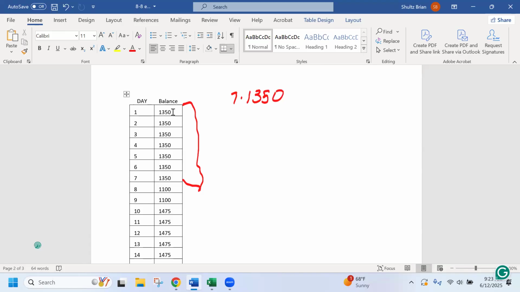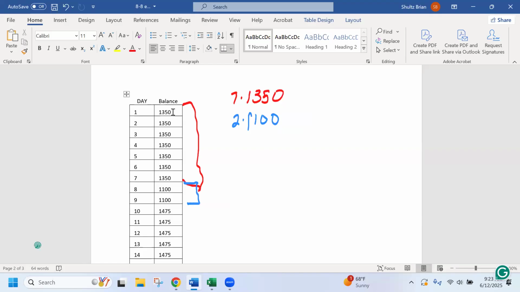And then it changes because they made a payment of $250. And so we have 2 times 1,100 because it carried that balance for 2 days before they made their next charge.